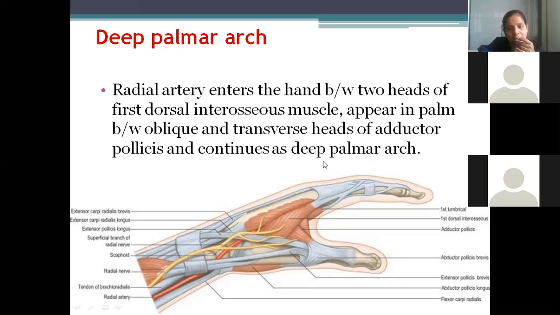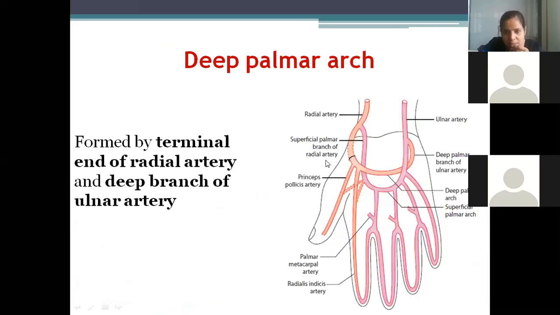Then it is joining and continuing as the deep palmar arch. See here, I am repeating. So this is the radial artery, beta. Its course is in the anatomical snuff box. Then it is piercing the first dorsal interossei. Then it is piercing the two heads of the adductor pollicis. Then it is coming into the palm to join with the deep branch of the ulnar artery. Is that clearly understood, beta?